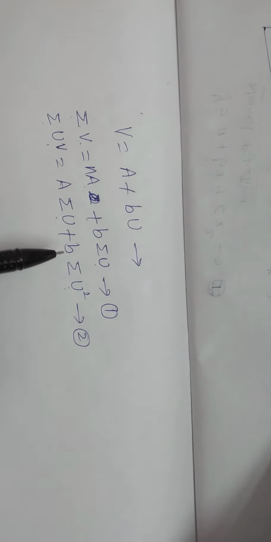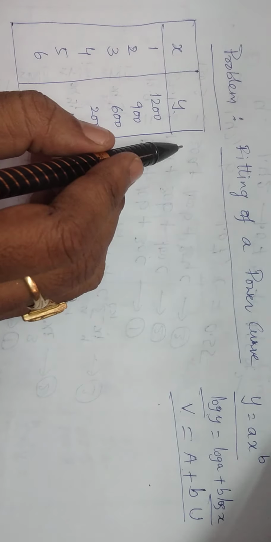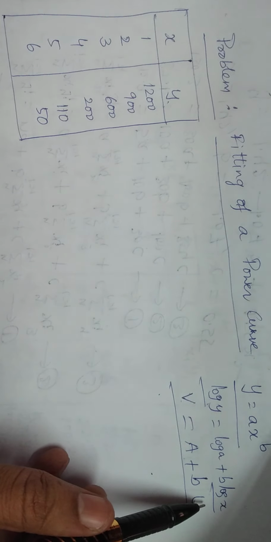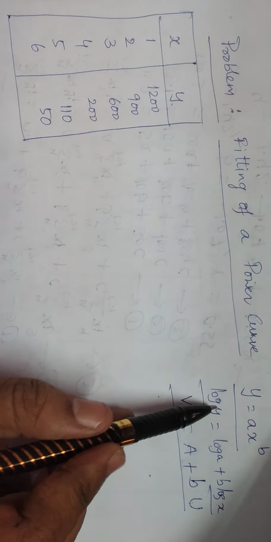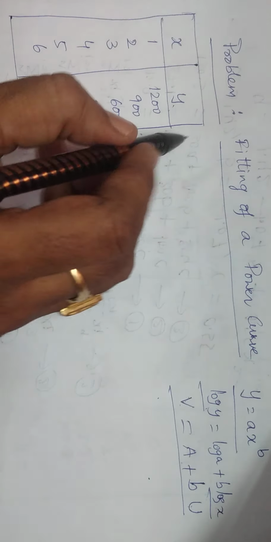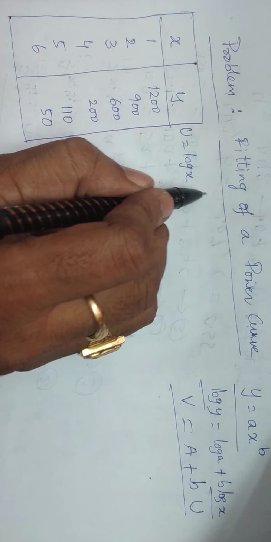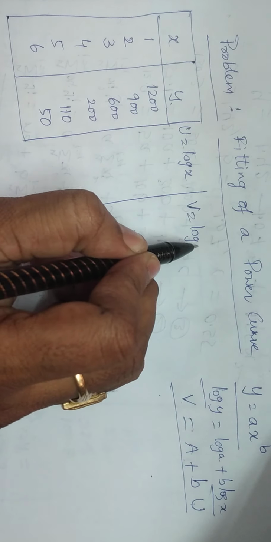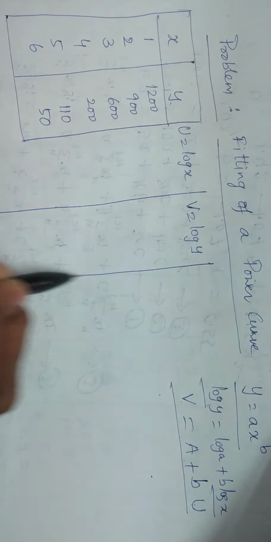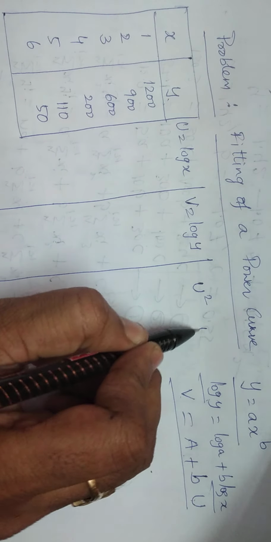Therefore, to calculate this, I am coming back to the given data, x and y. Here log x is equal to u and log y is equal to v. So u is equal to log x, that is the first value you have to find out, and the second value, v is equal to log y. Then you have to calculate u square and uv.